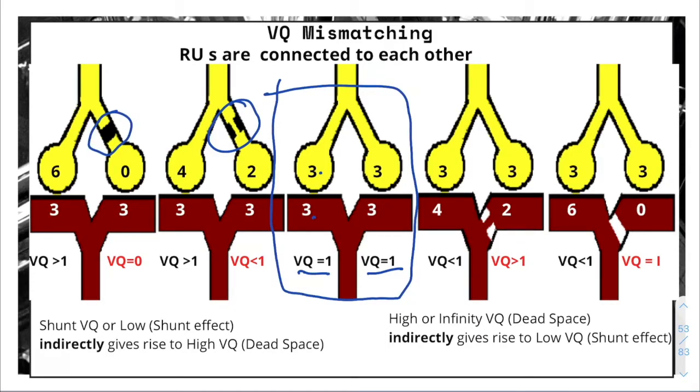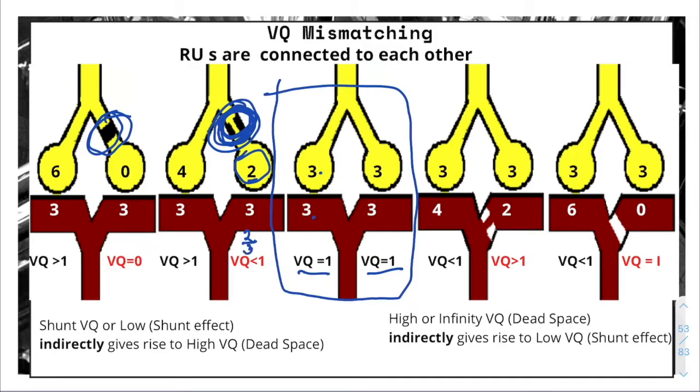Okay, what happens here? In the respiratory unit wherein you have problems in your ventilation, instead of receiving 3 liters of gas, because of the obstruction, this respiratory unit receives 2 liters.